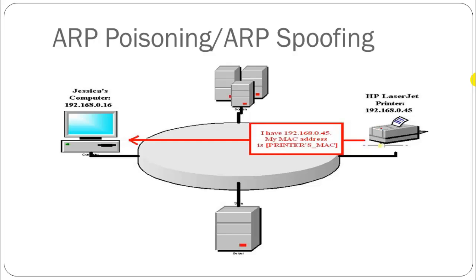ARP is very trusting, or to use the specific term, gullible. When a network device sends an ARP request, it simply trusts that the reply really does come from the correct device. ARP provides no way to verify that the responding device is really who it says it is.